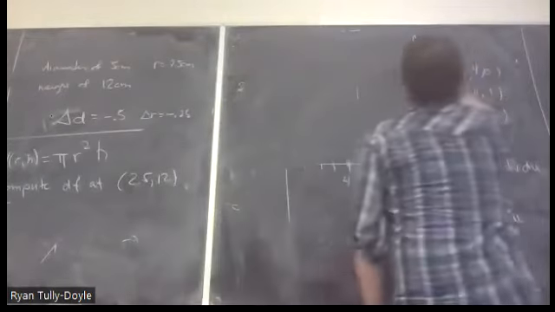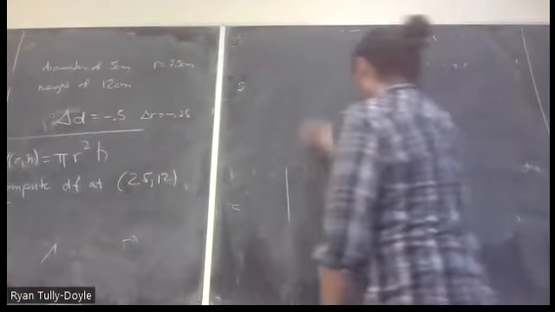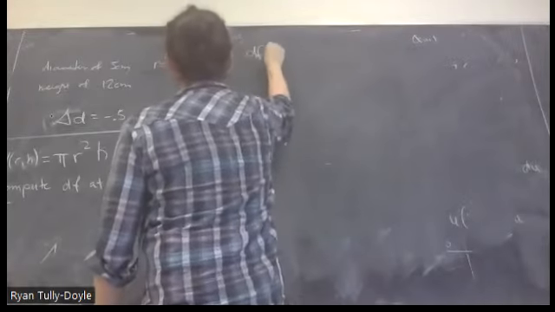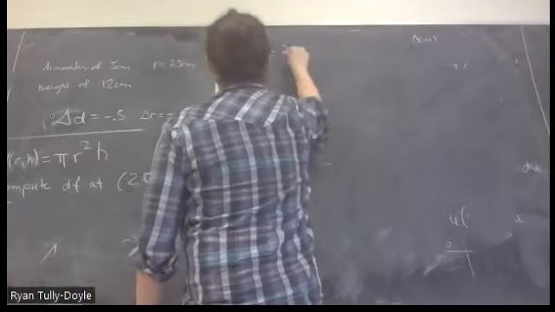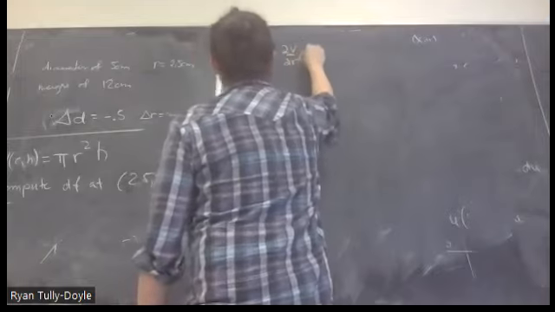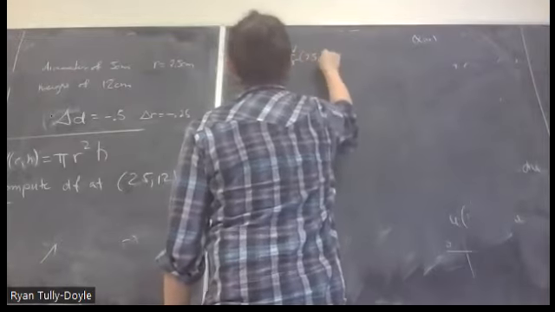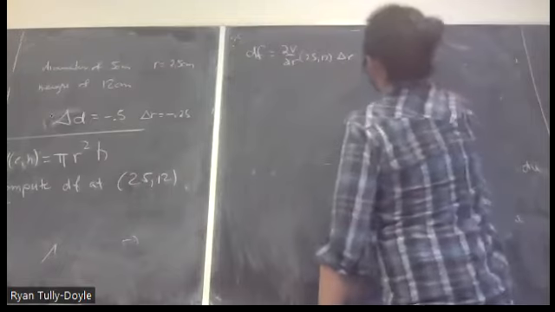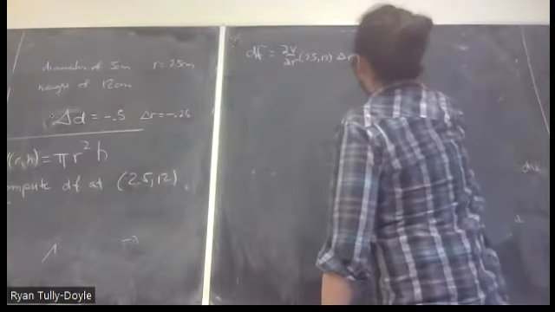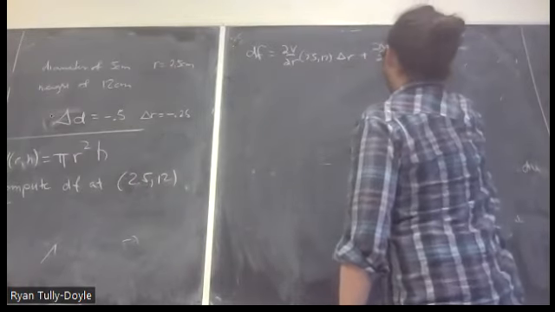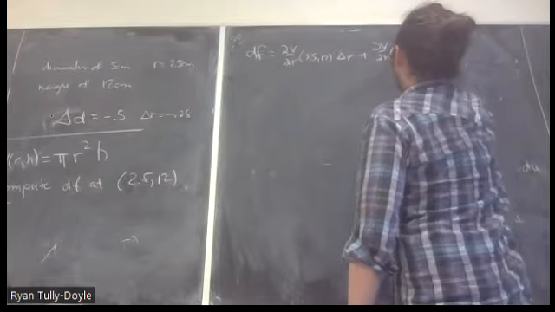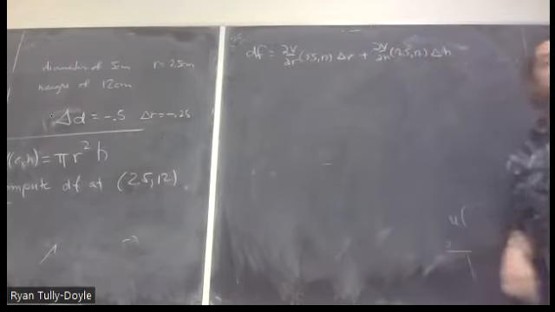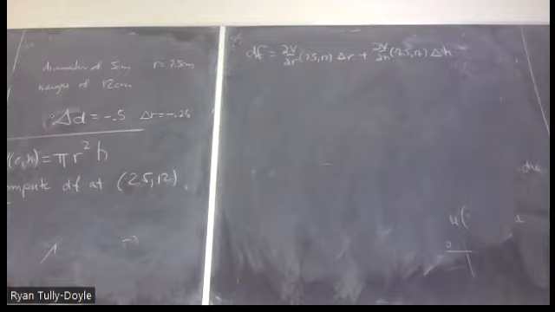The useful expression for dV in these questions is the change in volume with respect to radius evaluated at 2.5, 12 times the change in radius, plus the change in volume with respect to height evaluated at the point 2.5, 12 times the change in height. That's how you compute the differential.